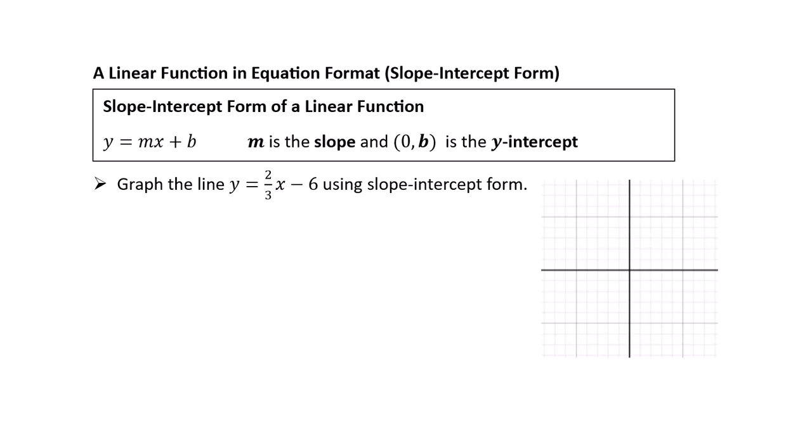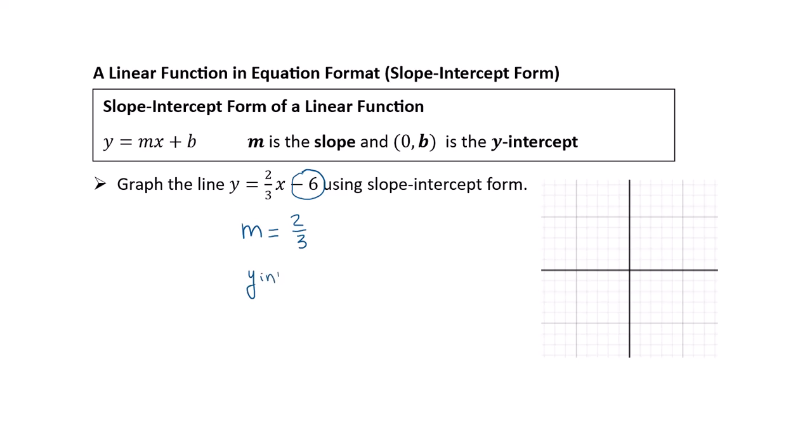In this example, we have y equals 2/3 x minus 6. I know that my slope, m, is 2/3, and b is the y-intercept, so your b right there is the b part of the y-intercept.